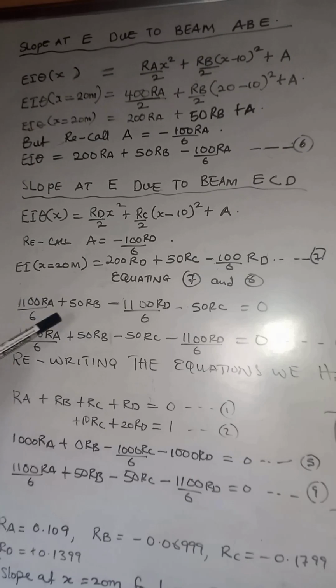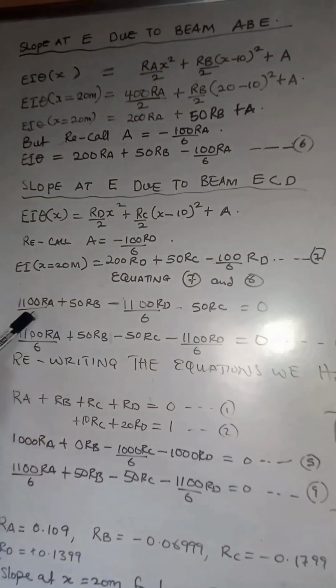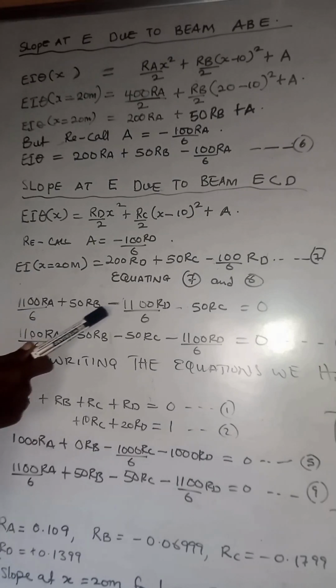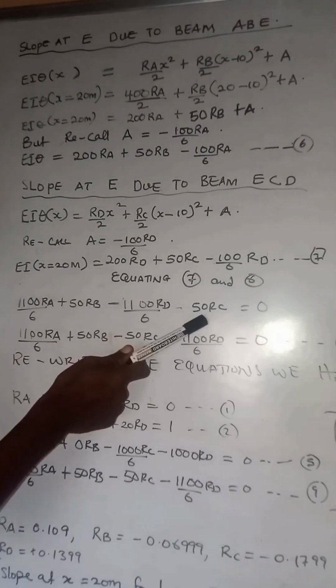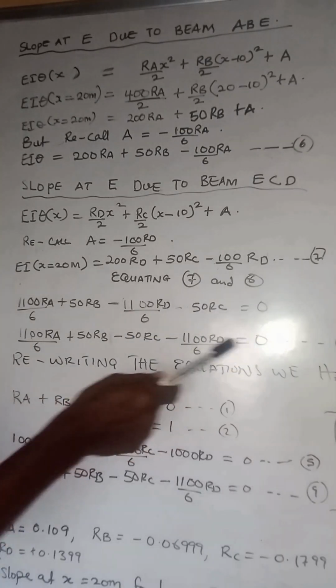Because of that, we're equating equation 7 and equation 6. If we do that, we'll have the final expression of equating 7 and 6 to be 1100 RA over 6, 50 RB plus 50 RB minus 1150 RC, equal to 0. We can rewrite this expression, which is equation 9.